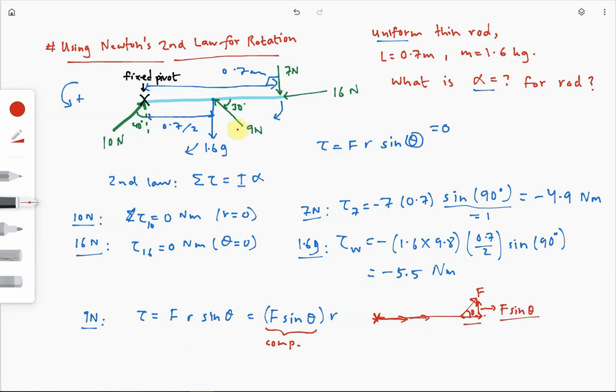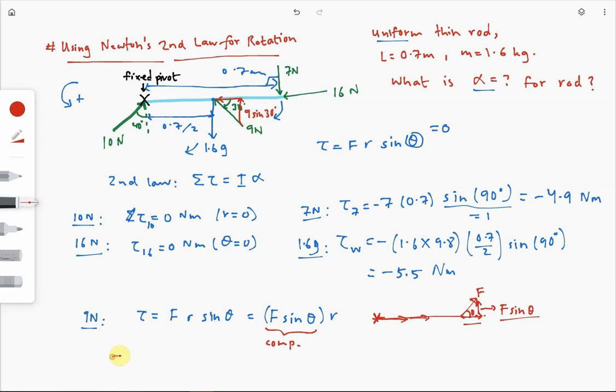So if you think about this 9 Newton force, you know that this 9 Newton force will have a y component going like that and an x component going like that. The x component is, you can see clearly, parallel to the beam, so will not cause any torque. Hence the only component we worry about is this vertical component, and since this is 30 degrees and this hypotenuse is 9 newtons, we can simply say that this is 9 sine 30, and this is the only force we worry about.